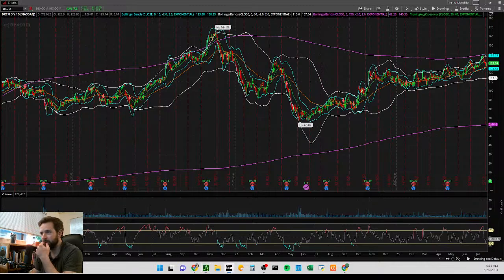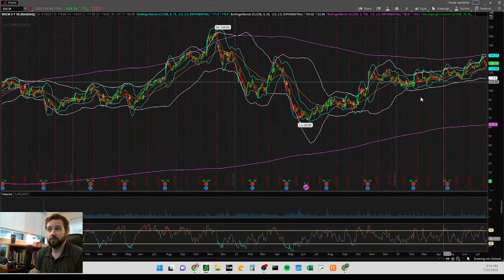But I don't know much about Dexcom. I've seen it a couple times. It is a healthcare company. Diabetes stuff. So, probably something that will be around. So, it's bullish.